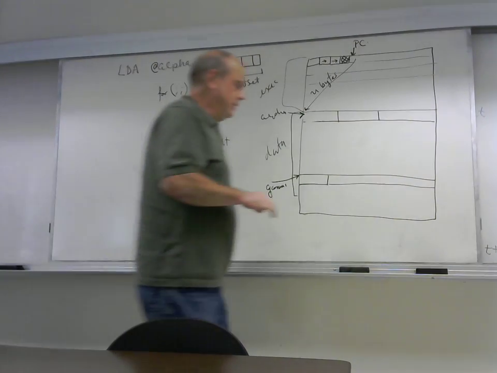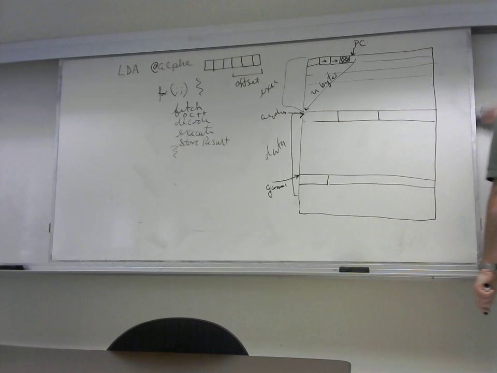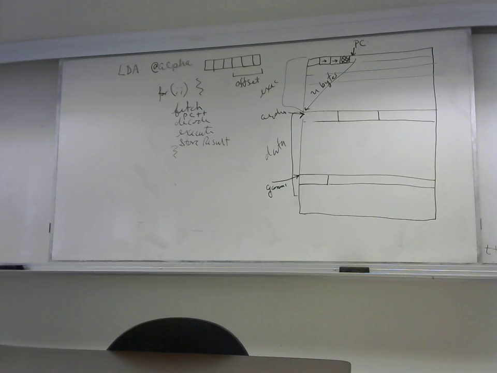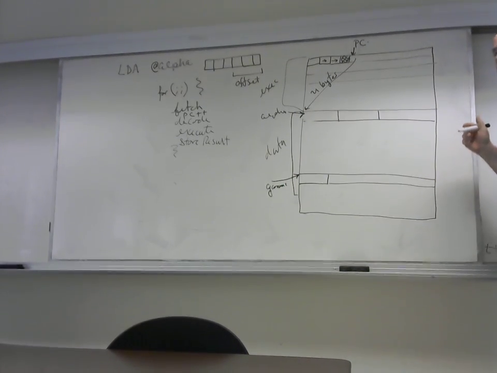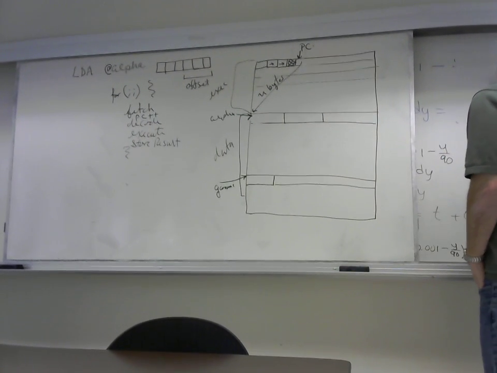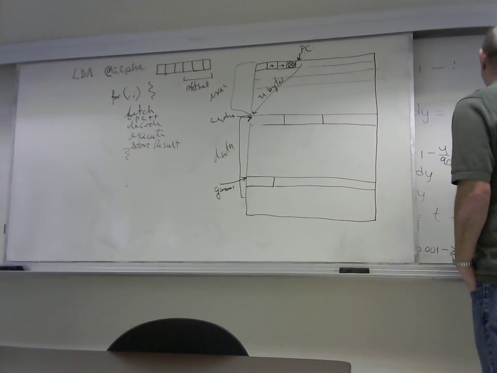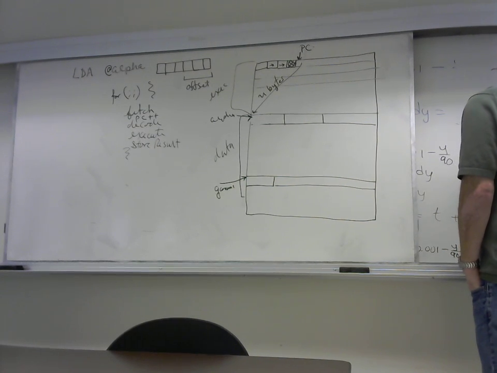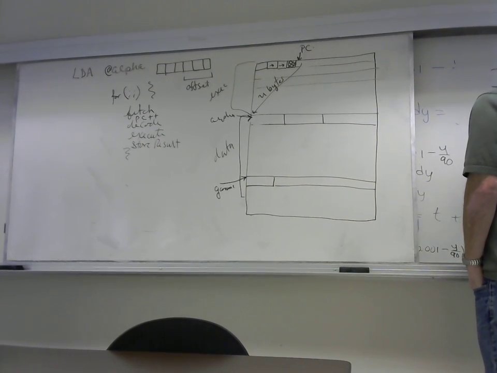So for PC relative, the range of addresses backwards or forwards. You can go either direction. The range is minus 2048 to 2047.